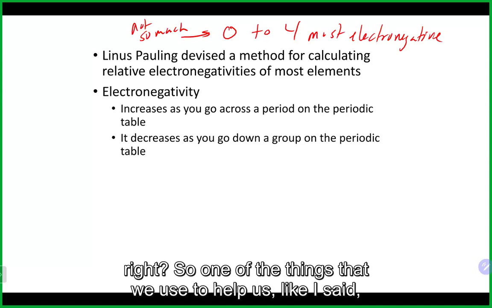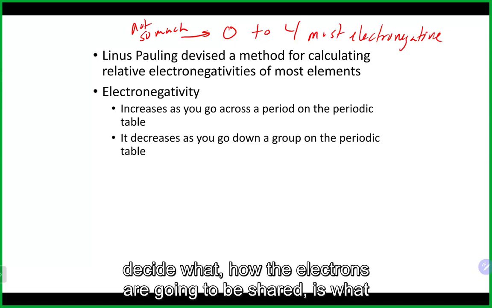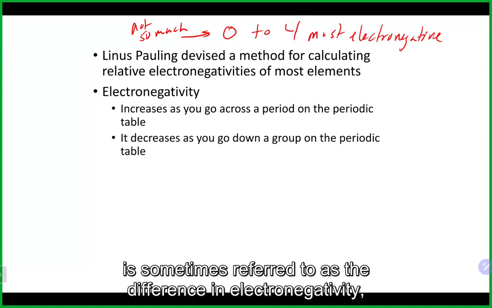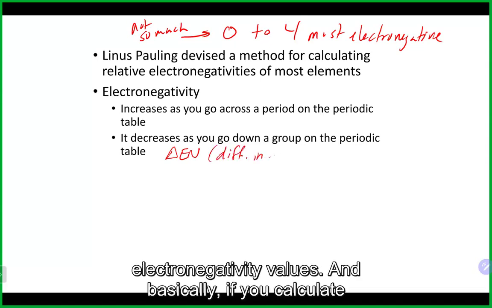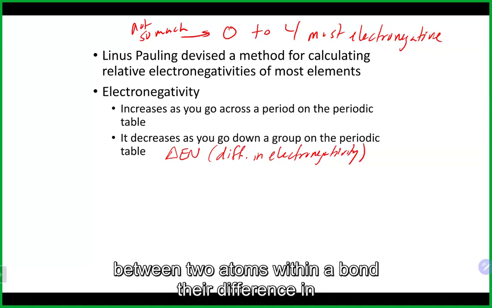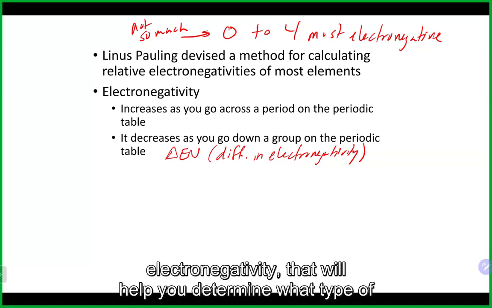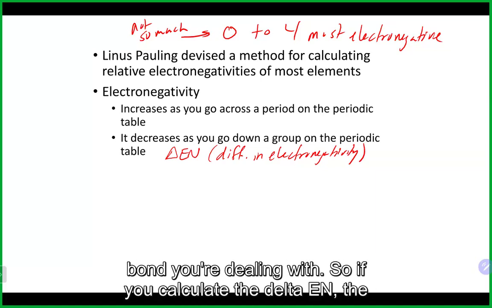So one of the things that we use to help us decide how the electrons are going to be shared is what is sometimes referred to as the difference in electronegativity, delta EN, and that's basically the difference in electronegativity values. If you calculate between two atoms within a bond their difference in electronegativity, that will help you determine what type of bond you're dealing with.